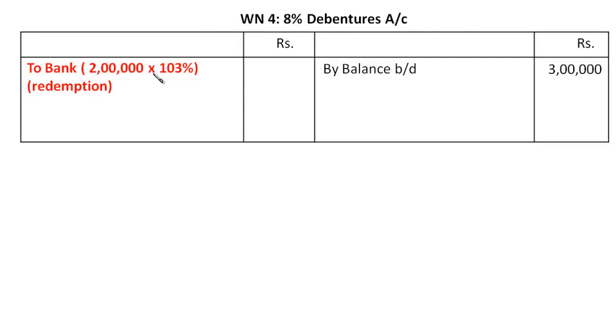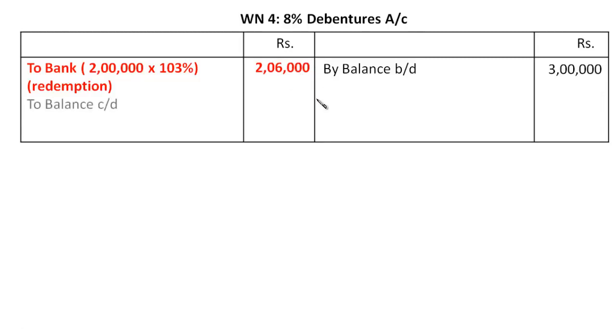So this 2 lakh is redeemed at premium. So 2 lakh into 103%, this includes 3% premium. So we'll have 2 lakh 6,000. So 3 lakh minus 2 lakh 6,000, it means you had an additional obligation of 6,000 on account of premium.